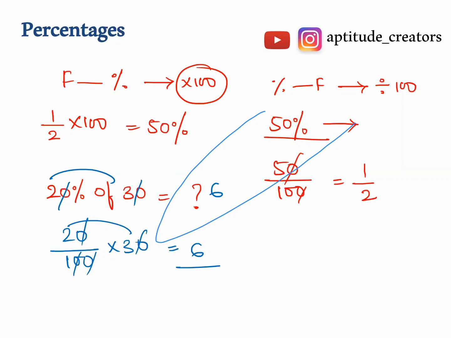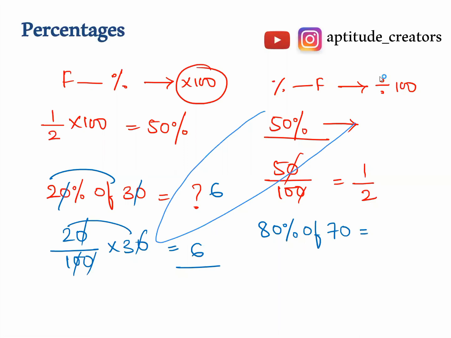Okay, this is fine. Now if the question is asking what is 80% of 70? Now quickly tell me the answer for this question. What is 80% of 70? 56. Great.